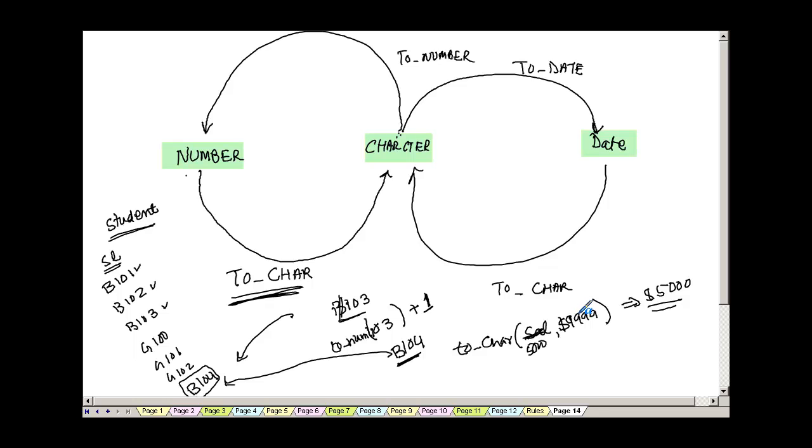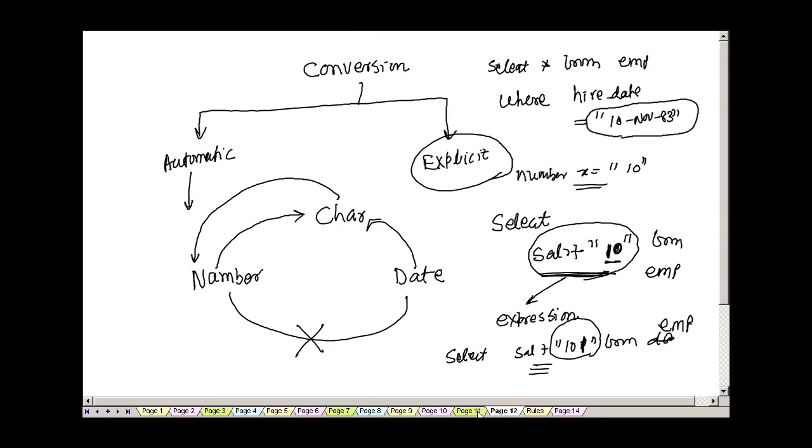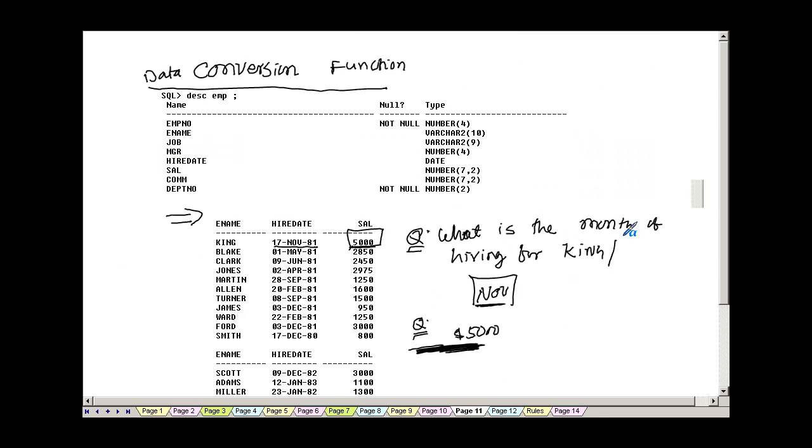Okay, then the next question to ask: when am I going to use something from date to a character? See, the question that I asked you in the beginning: how do I find out what month King is working? If I just select hire date, I'm going to get the complete date.